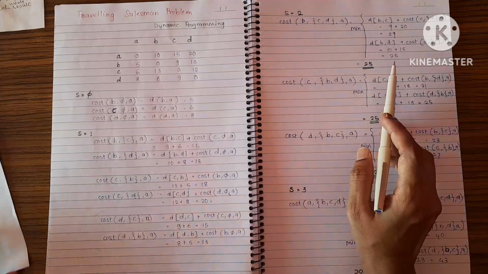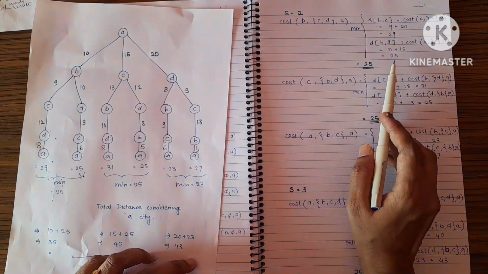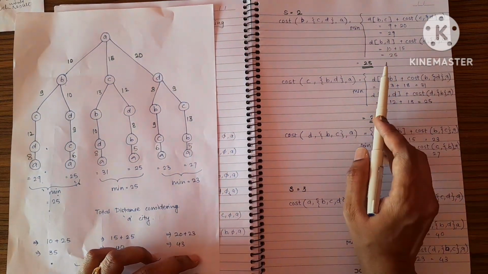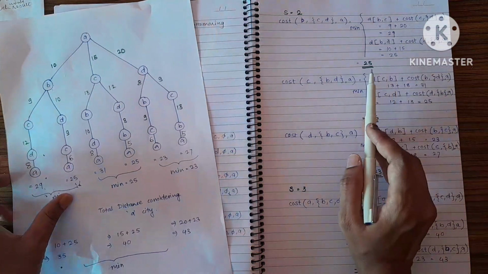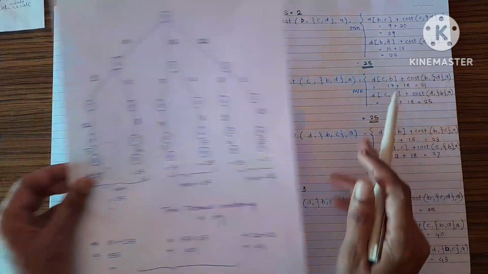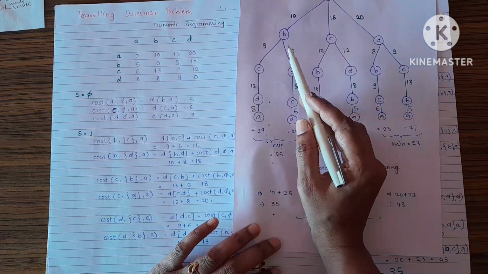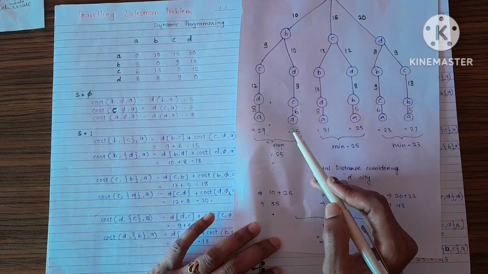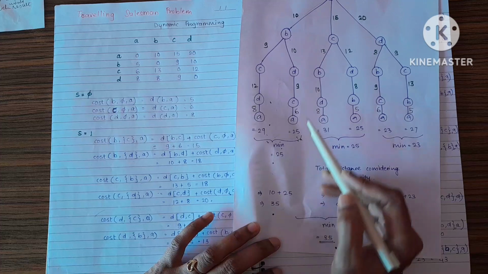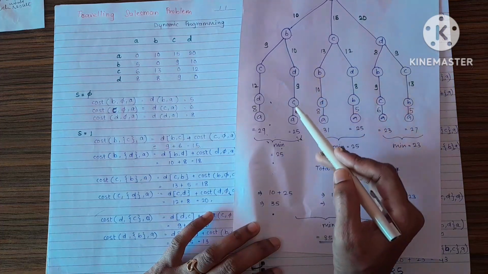So on substitution of this value we will get 25. Now the minimum value between these two is 25. So the salesman is required to follow this order, which would result into the minimum distance: B to D, D to C and C to A.